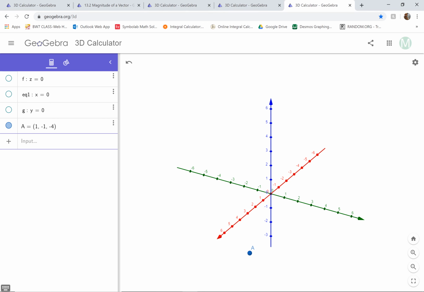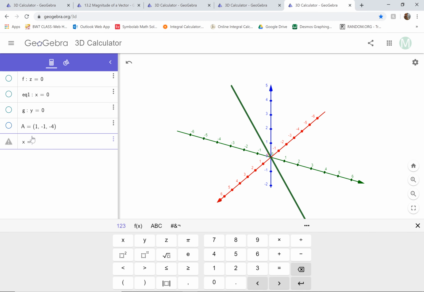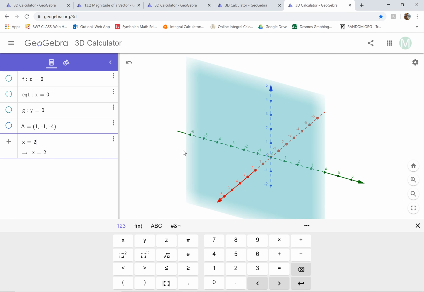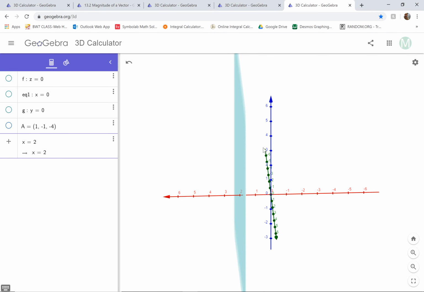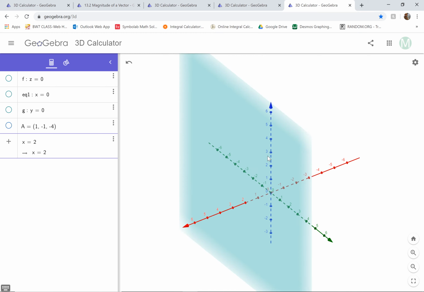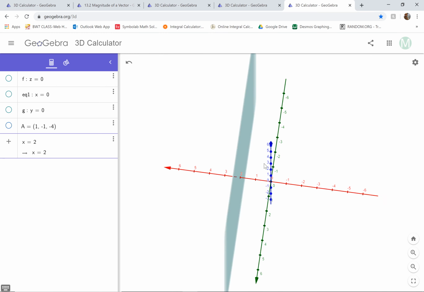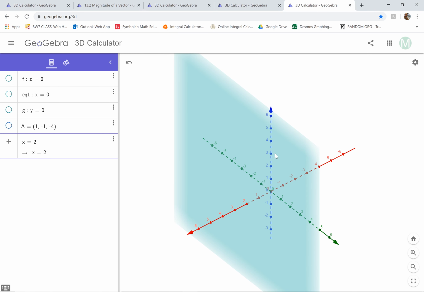Let me plot x equals 2. Now you can see, there we go. It's the collection of all the ordered triples that have 2 for the x coordinate and any other values for the y and z coordinates.